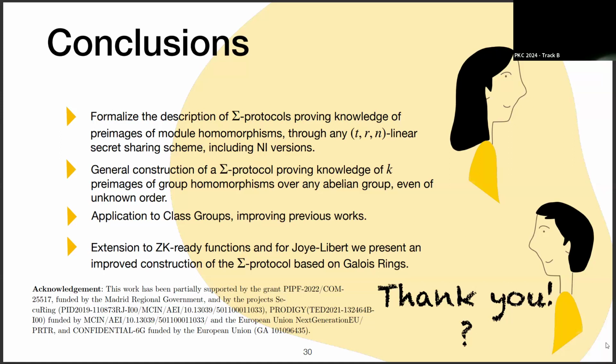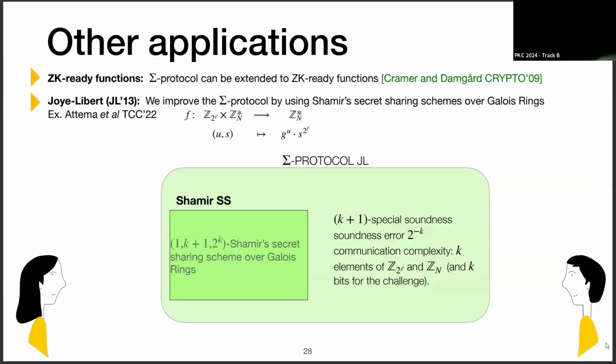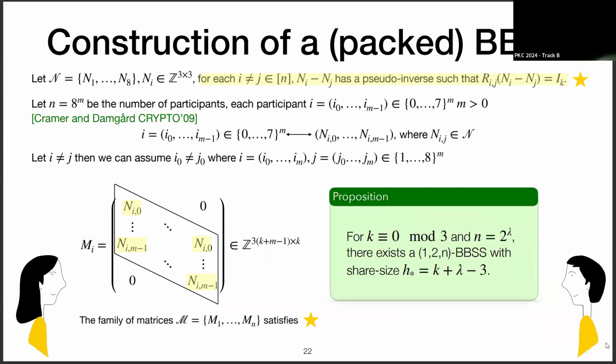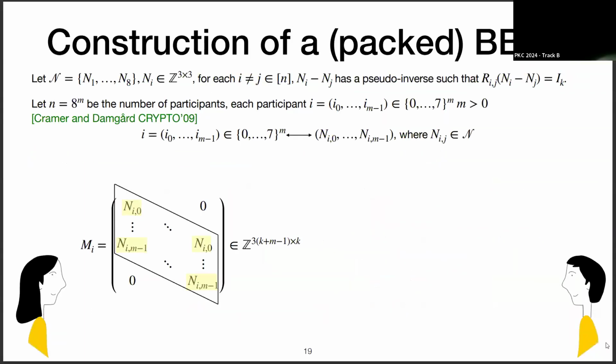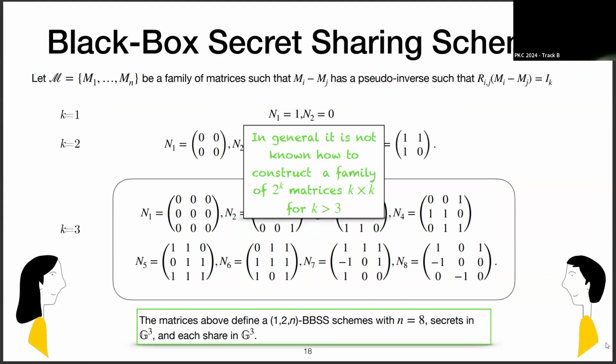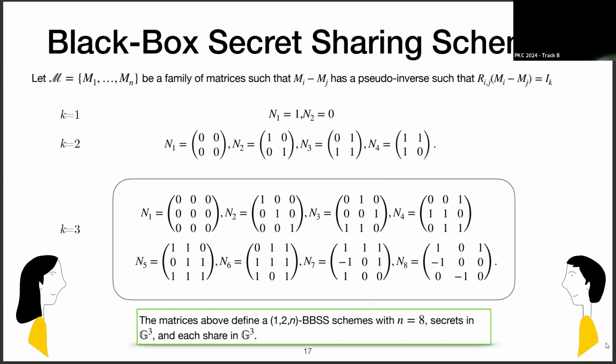So the question is about applying this to lattice-based schemes. Okay, we have not done it. However, we have an intuition because of the description of the matrices. These matrices come from here, and these are all elements of 0s and 1s. So maybe because of that it can be useful in some lattice-based encryption scenarios. However, we have not studied it, so I cannot say.